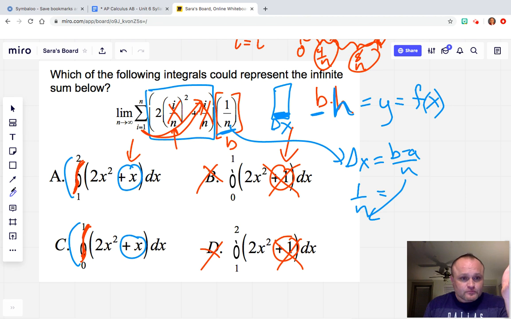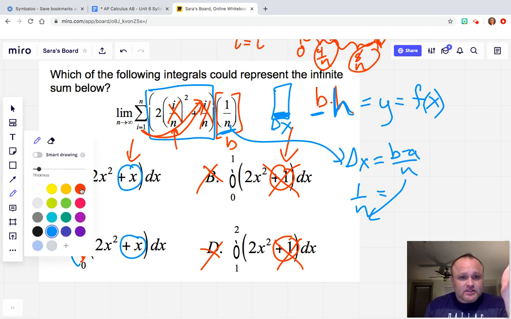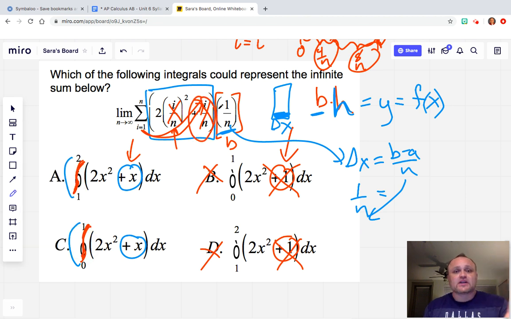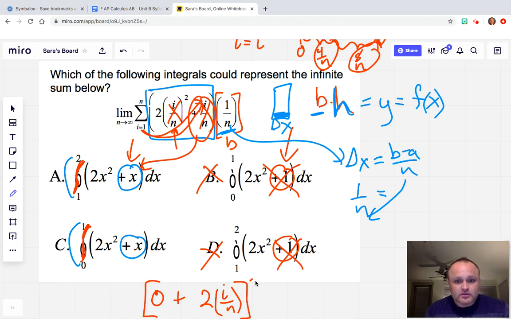Okay. So this one's a little bit different because it has this extra plus i over n. And that right there, again, was this x. So right here, the way you can see where you would start is it's secretly showing this. So 2i over n, this is going to be squared. And then plus an i over n jump for each specific x value.